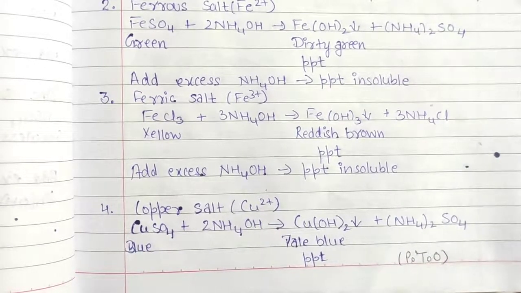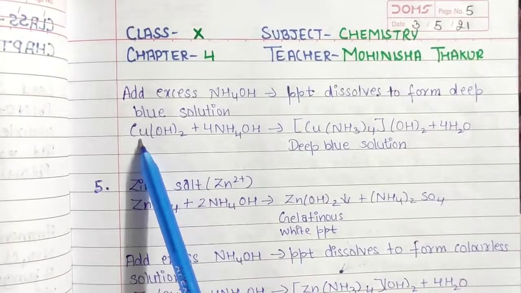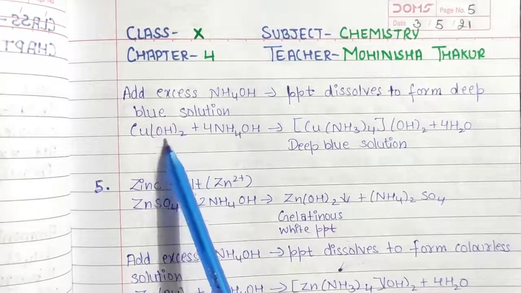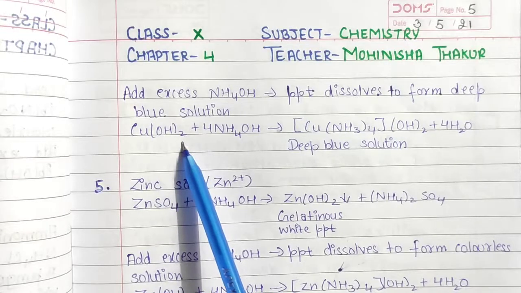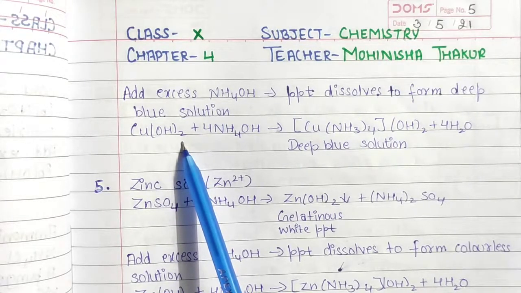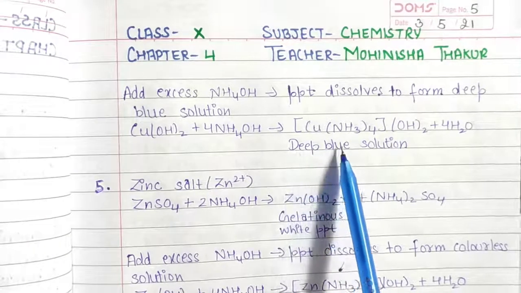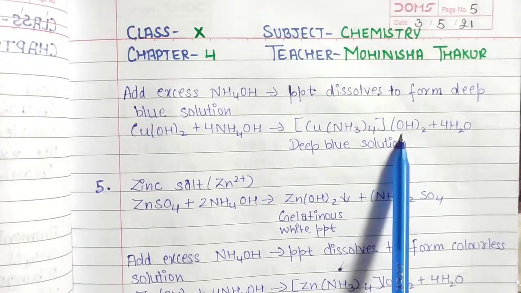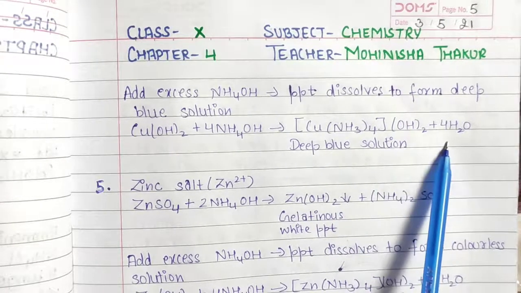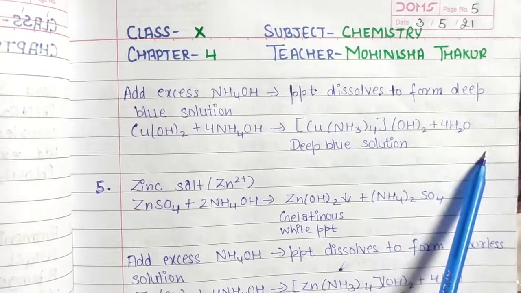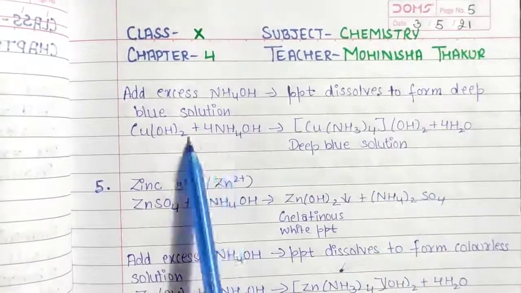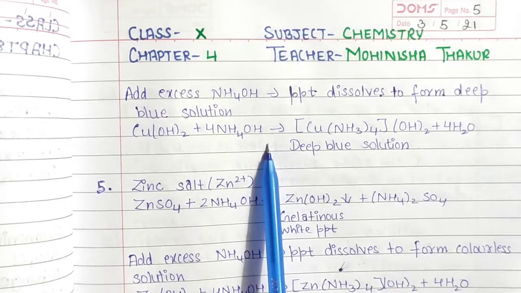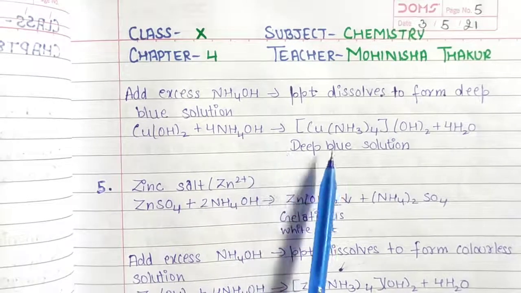When excess ammonium hydroxide is added, the pale blue precipitate of copper hydroxide dissolves and forms the soluble tetraamminecopper(II) hydroxide solution with the liberation of water molecules. So after adding excess ammonium hydroxide, it becomes soluble.